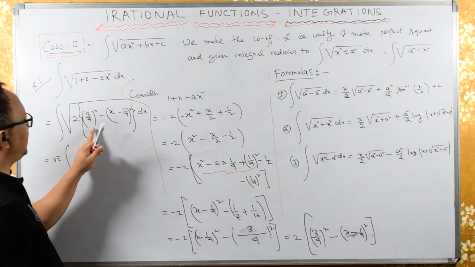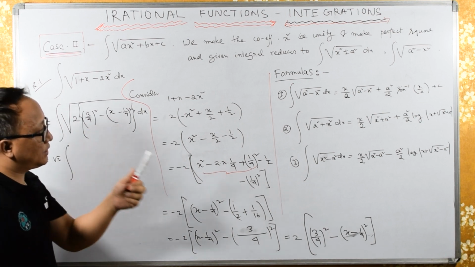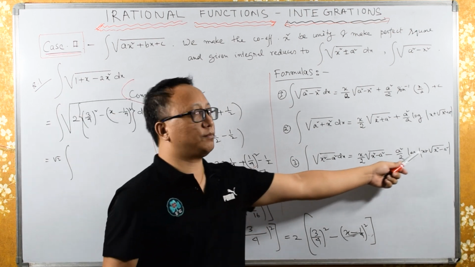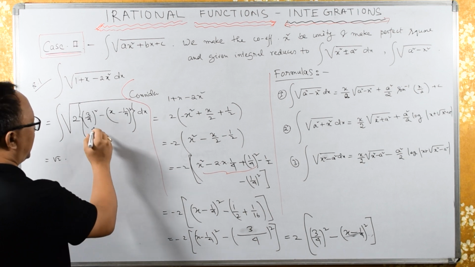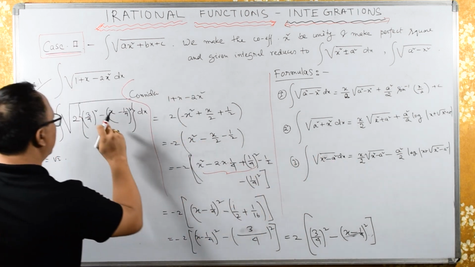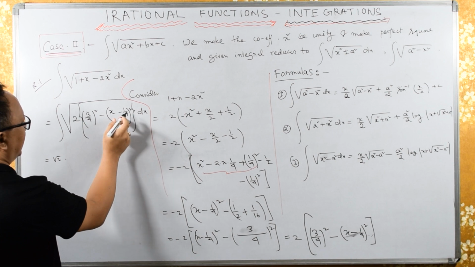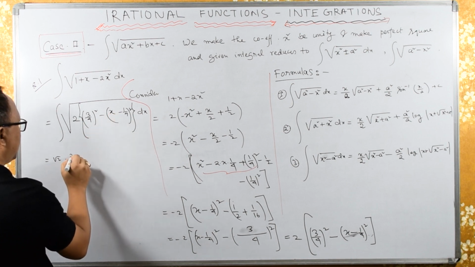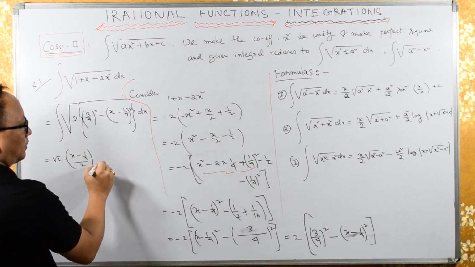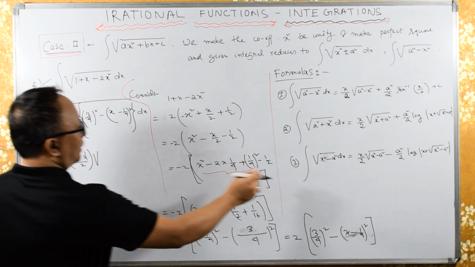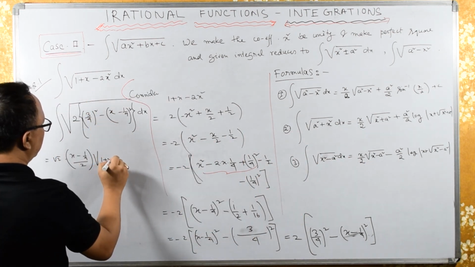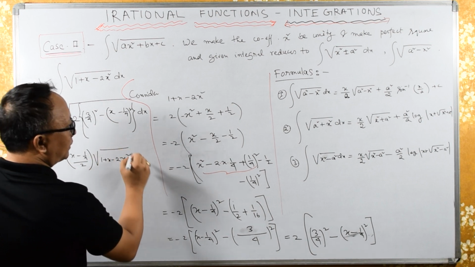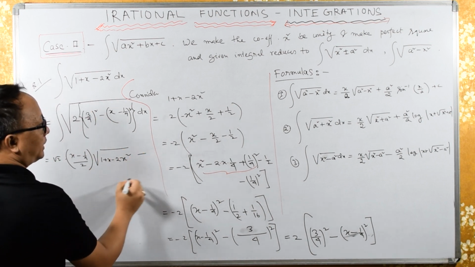Now the integration is of the form a square minus x square. Now let's apply the formula. What is x? x is x minus 1 by 4, upon 2, times the square root of a square minus x square, plus a square upon 2.